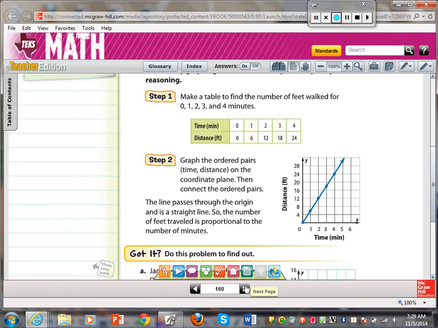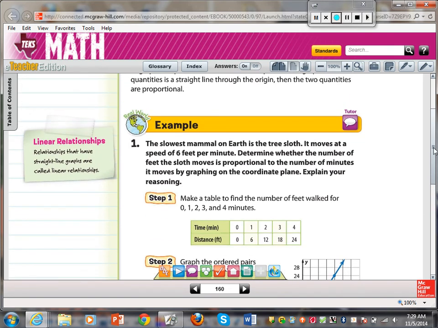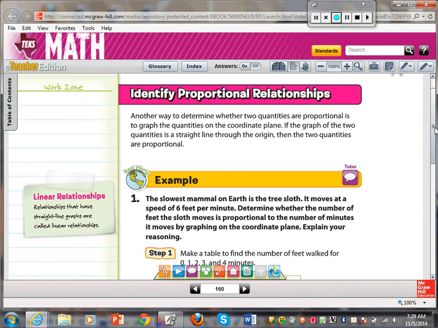proportional relationships. If you go to page 160, identifying proportional relationships. Another way to determine whether 2 quantities are proportional is to graph the quantities on the coordinate plane. If the graph of the 2 quantities is a straight line through the origin, the 2 quantities are proportional. So this is your prerequisite right here.